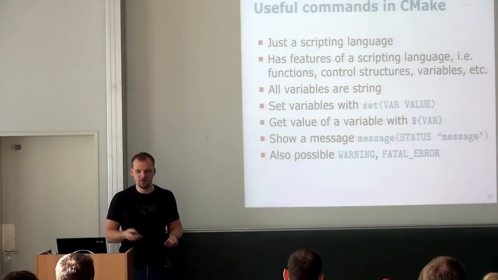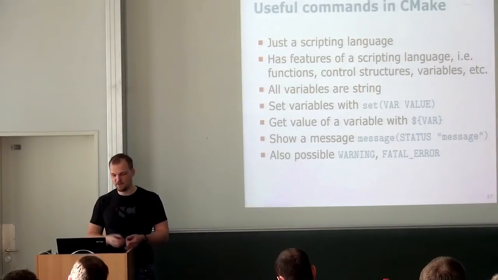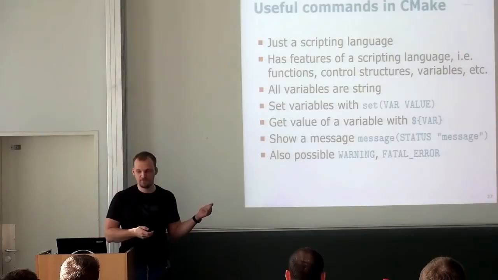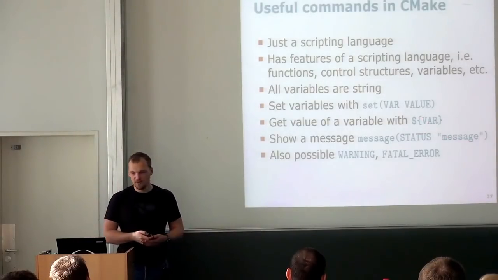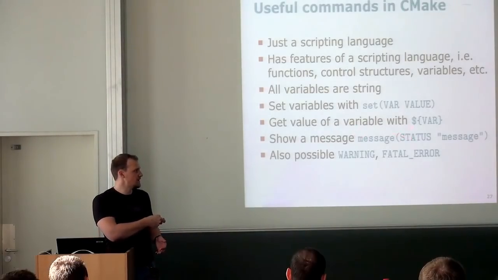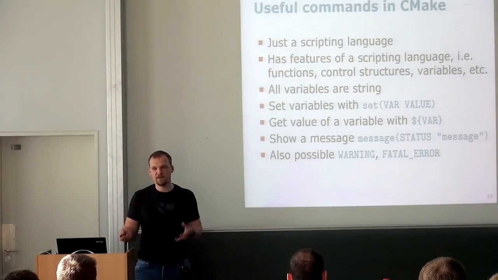And so you can have a lot of things here. You can have functions if you want to. You can have control structures. You can have variables, anything that you like. You can set variables with set, and you can use variables with this syntax over here. You can also show messages. So if you type message, status, and then some message, you will get this message printed out.